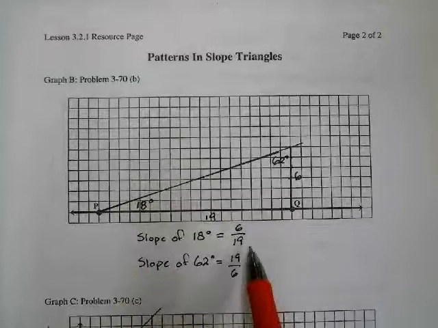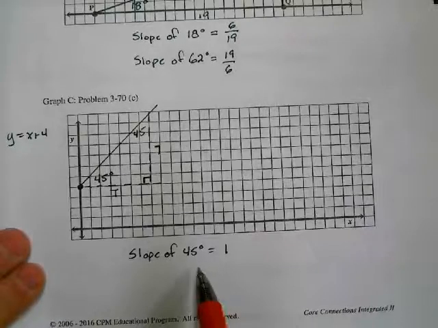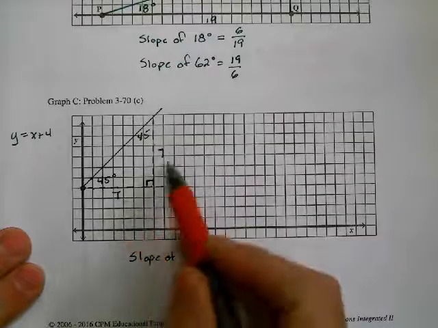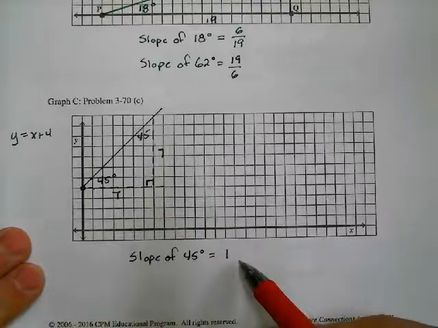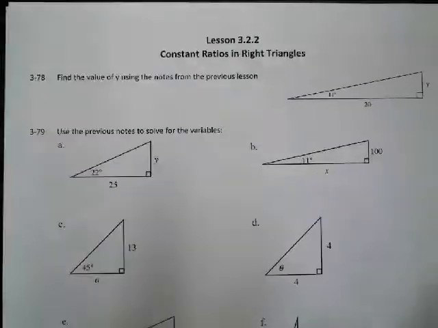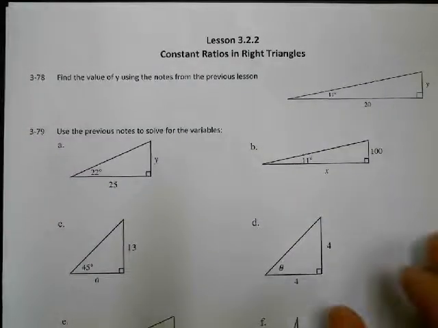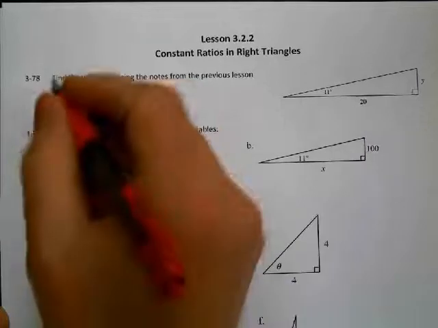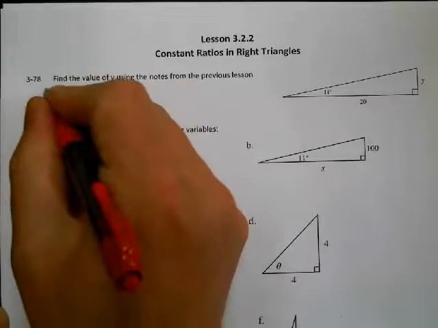And when we had an 18-degree angle, it was 6/19. And then a 45-degree angle, we saw that the slope was the same for the change in y and the change in x. So we had a slope of 1. So we're going to use those numbers today to show how we can solve for sides when we know the angles. So let's write down some of those slope numbers.